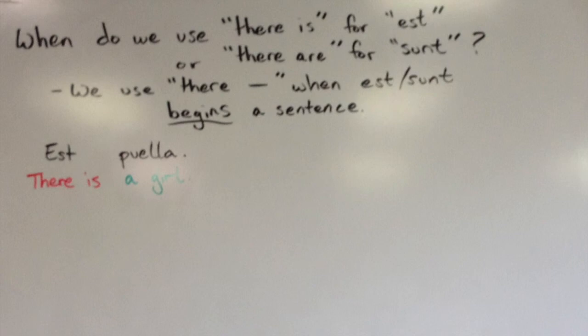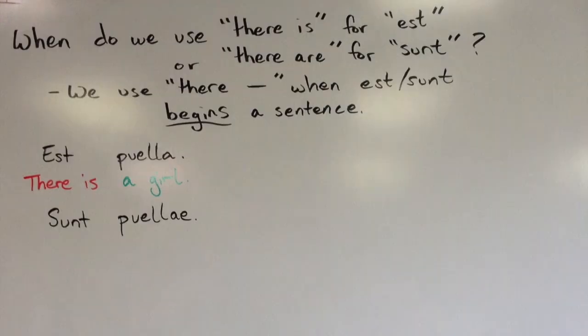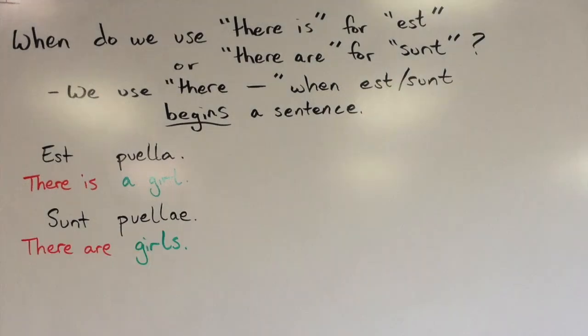The plural example of this sentence would be sunt puellae. Once again, make sure that you write these sentences and their translations down in your notes. Since sunt starts the sentence, it would be there are as a translation, and the word puellae would simply be girls.